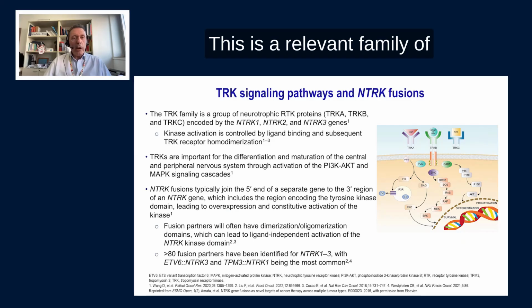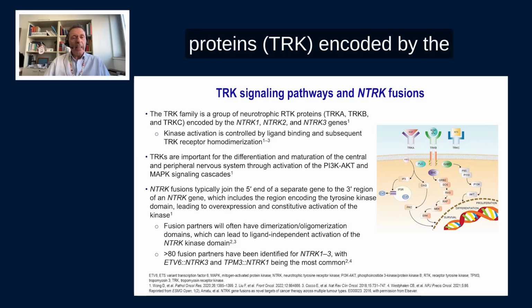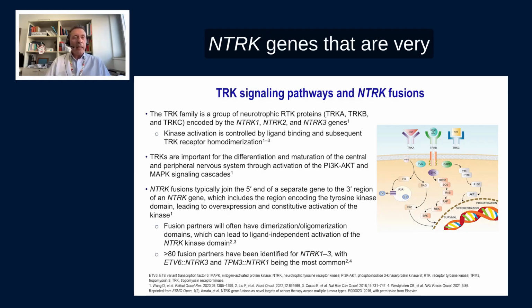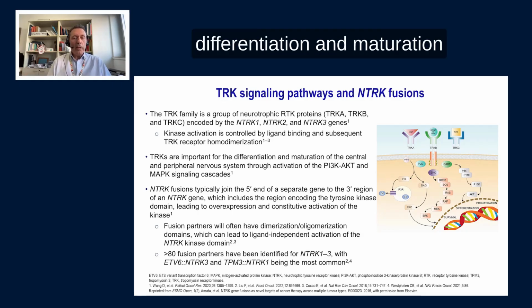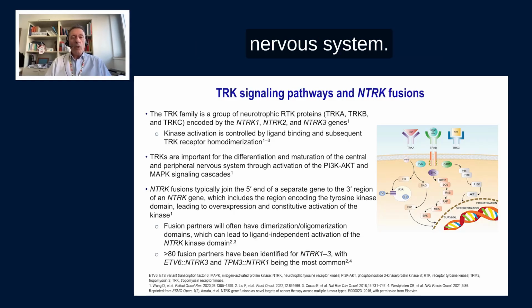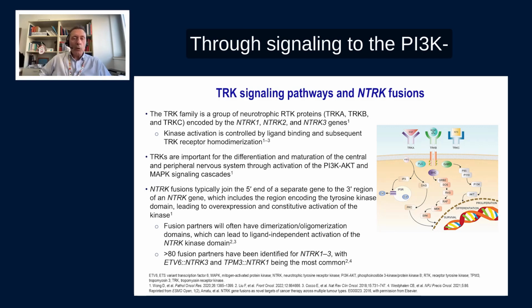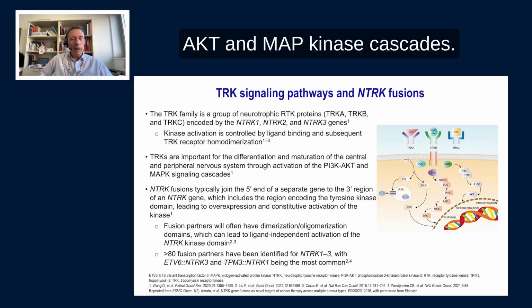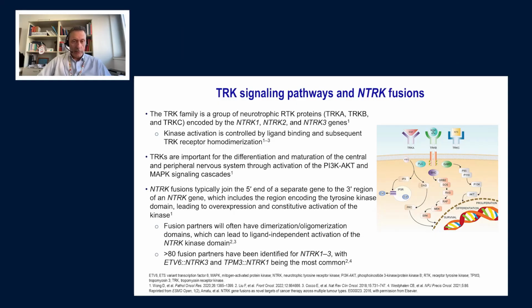This is a relevant family of proteins, TRK, encoded by the NTRK genes, that are very important in the differentiation and maturation of the central and peripheral nervous system through signaling to the PI3K, AKT, and MAP kinase cascades.